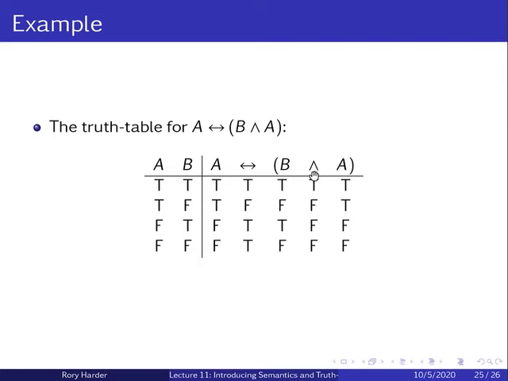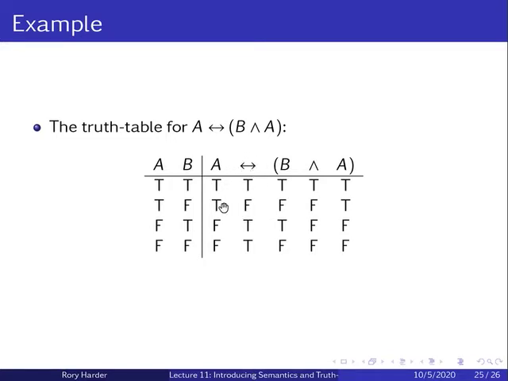And then we look at, well, what is the truth value of B and A if B is false and A is true? Well, given the meaning of conjunction, the conjunction is actually false because conjunction requires that both conjuncts are true. So we fill in a false here, and then we wonder about the truth value of the entire biconditional.